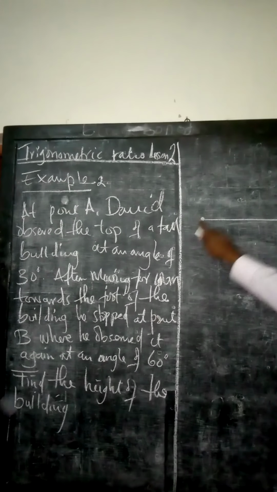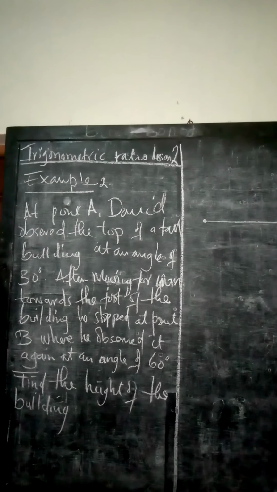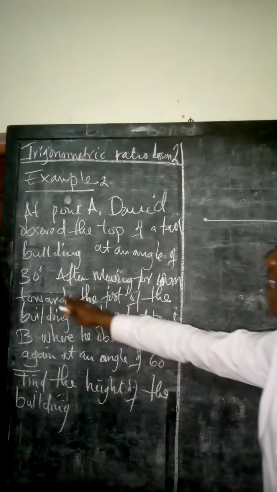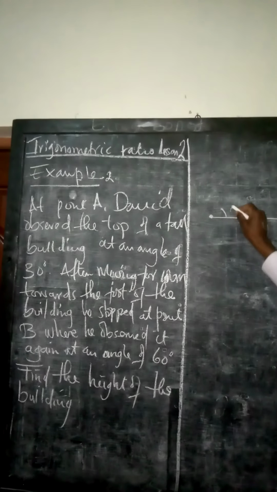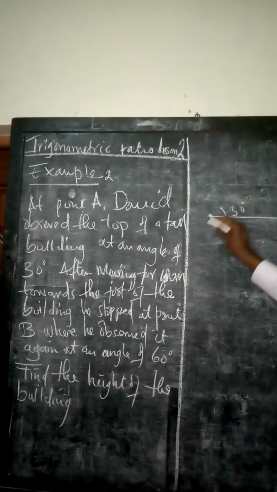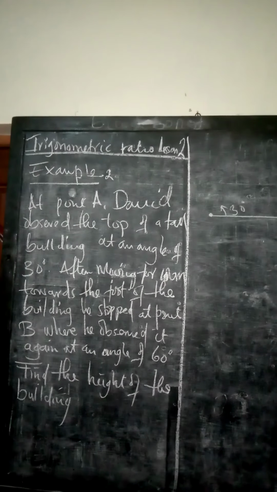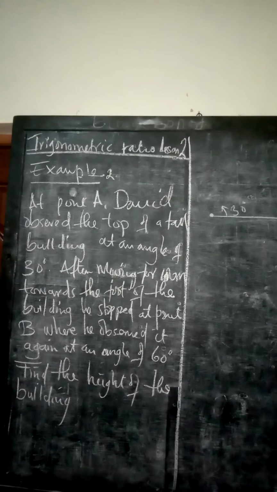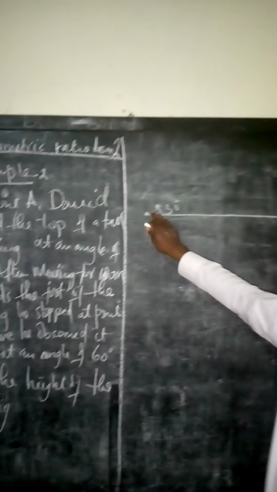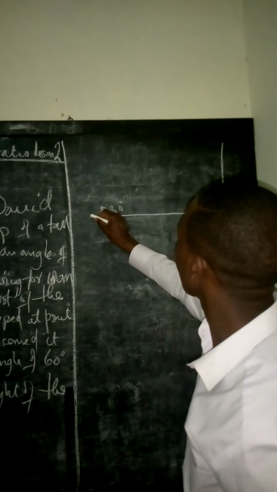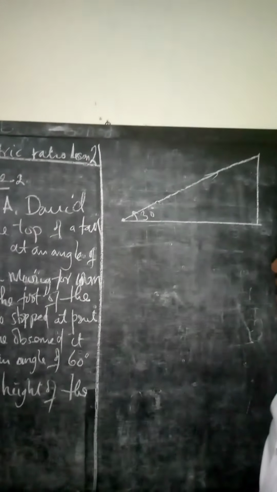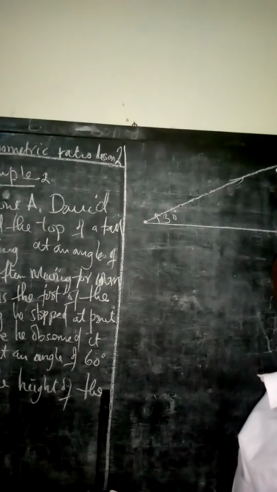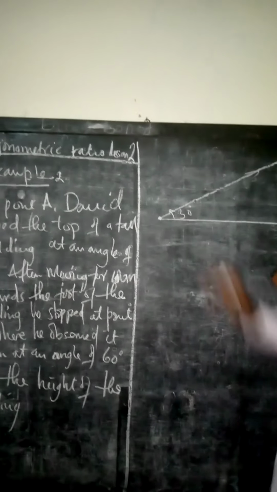So when he is here, he is observing the top of this building at an angle of 30 degrees. This is an angle of elevation. So he is elevating his eyes at an angle of 30 degrees, and that is the line of sight.